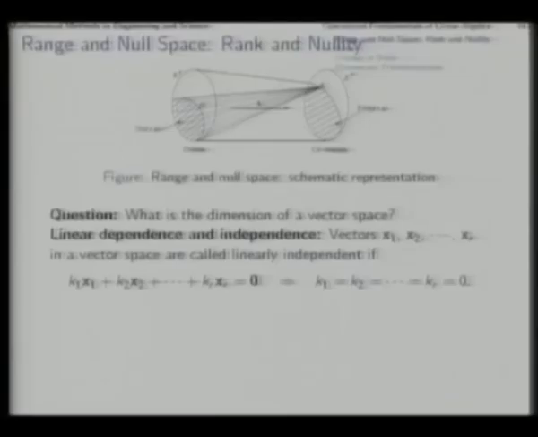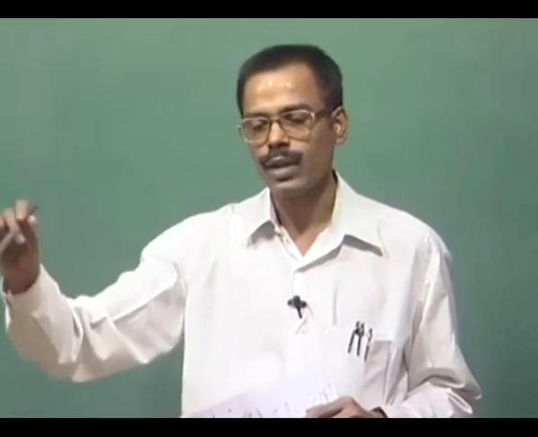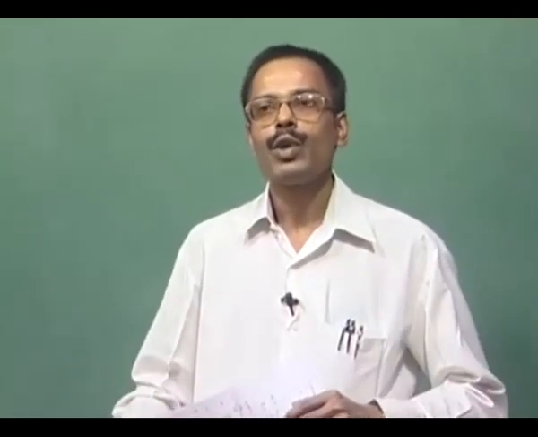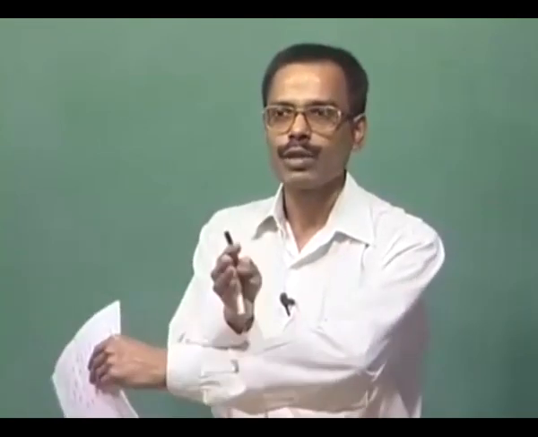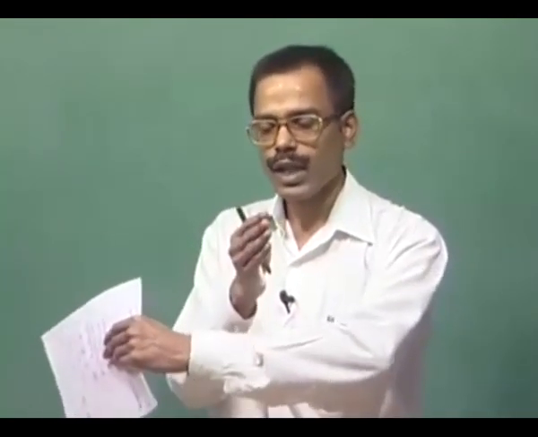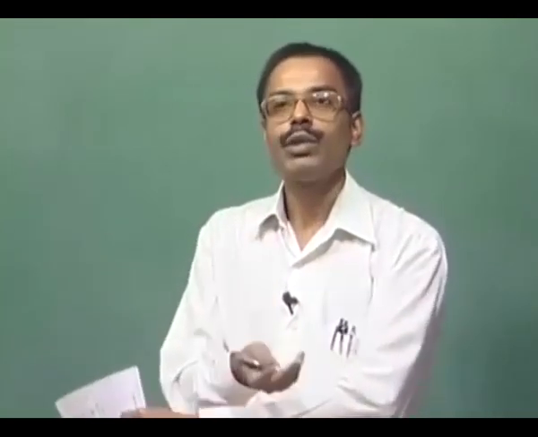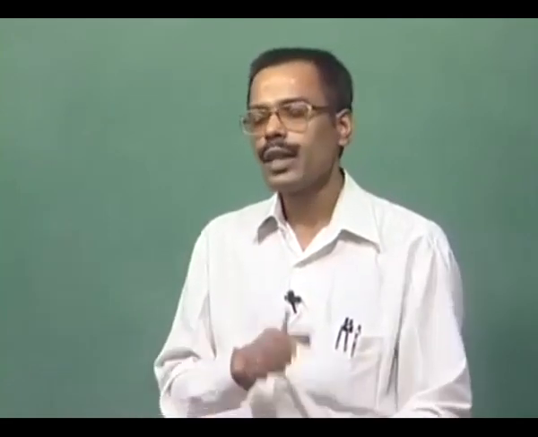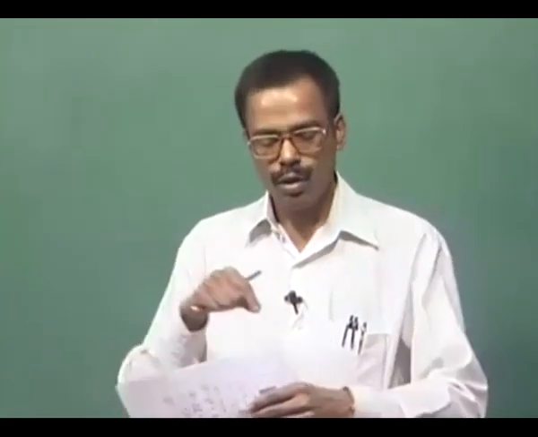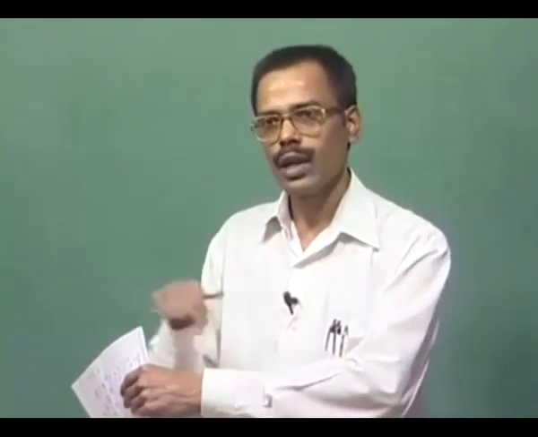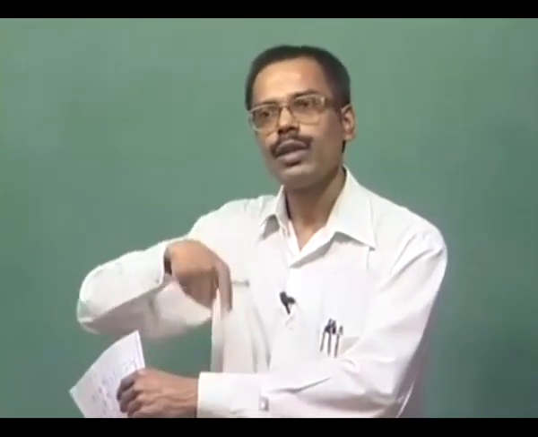if you need to go to another place on the earth, on the surface, then you think of 2 directions: how much east west I have to go and how much north south I have to go. Now, this east west and north south, they are 2 independent directions. Then you say that wherever I need to go, I can go by moving a little east west or a little north south.